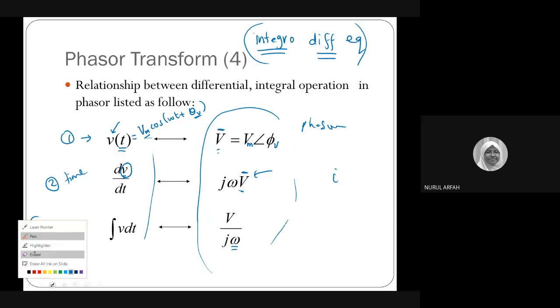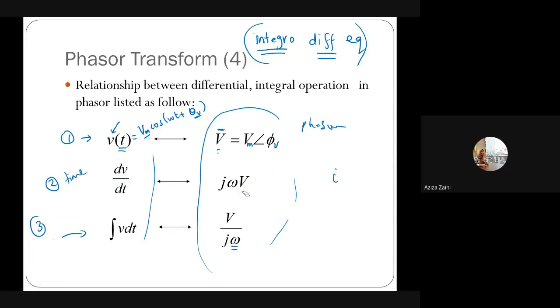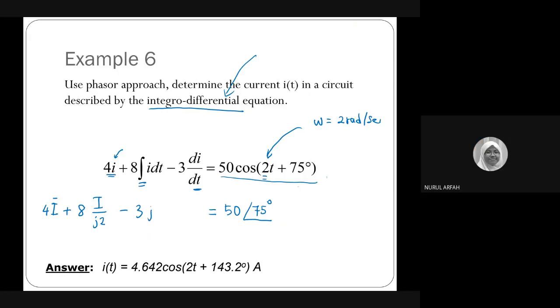Which one is di dt, number 1, number 2, or number 3? Number 2. So how do we write it in terms of this? j2, I, capital letter. So j2 capital I.